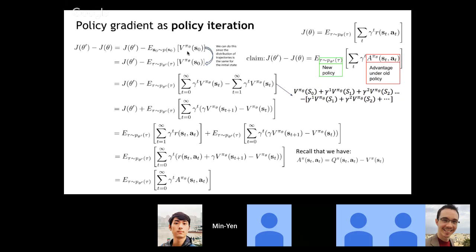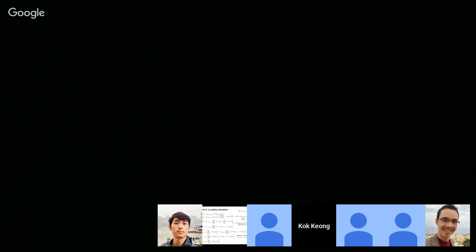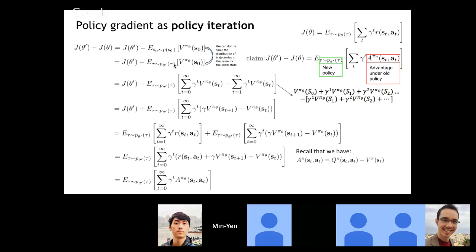And then that's the same as doing the expectation for this V pi theta from the same initial state. Okay? And we can actually change this to be for any trajectory, because for all trajectories, chances are we will start from the same initial state, right? So for any given trajectory, this conversion is actually true, right? So depending on whatever policy I take, we will start from the same initial state, all right?